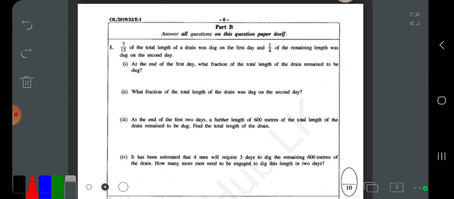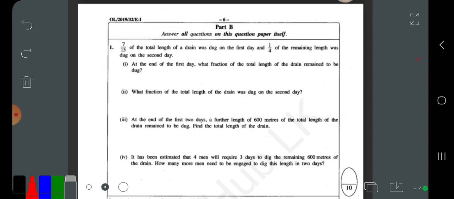7/15 of the total length of a drain was dug on the first day, and 1/4 of the remaining length was dug on the second day. So what they are telling is, they're going to dig a drain. The total length will be 15, right?